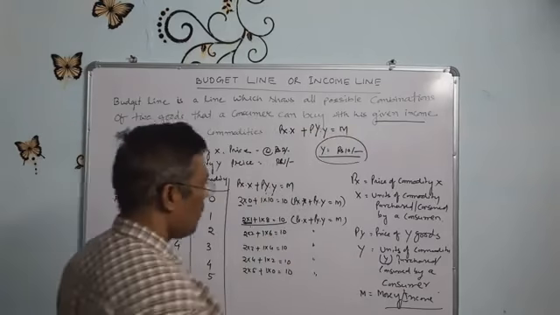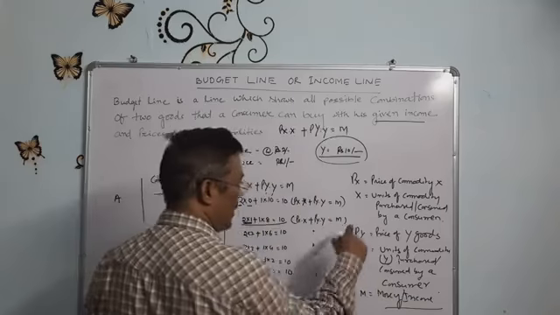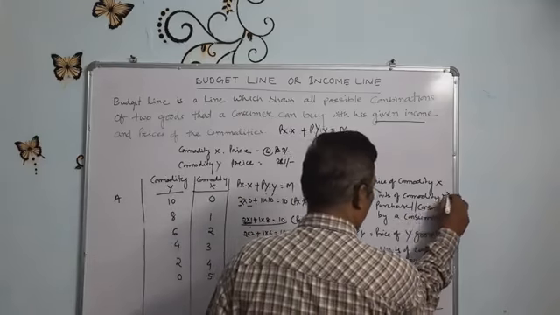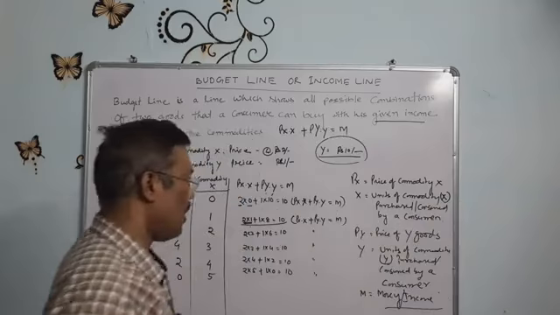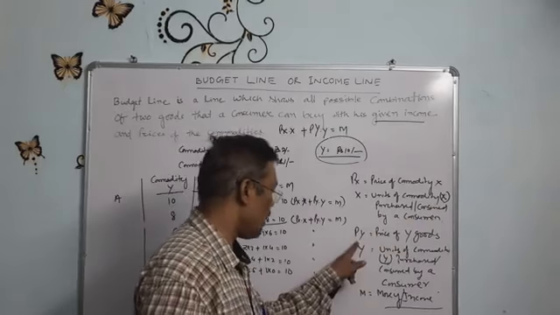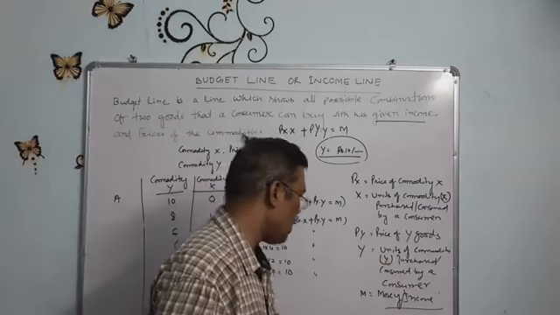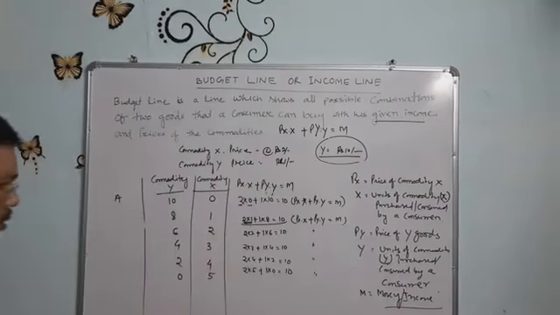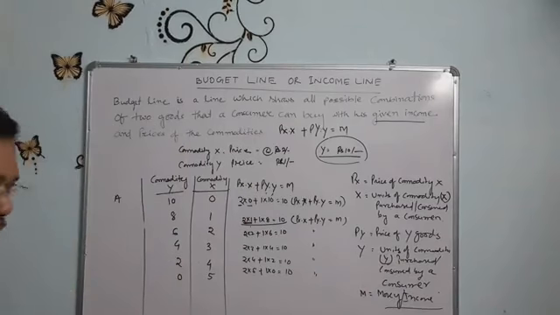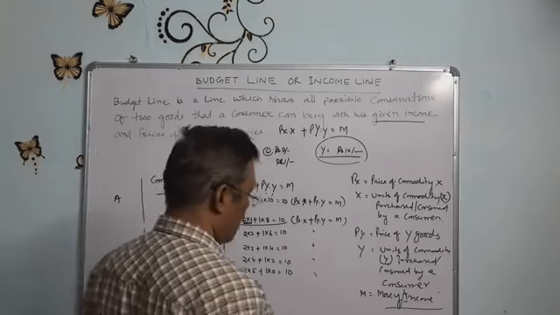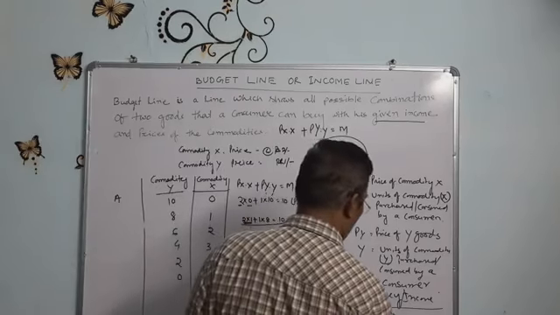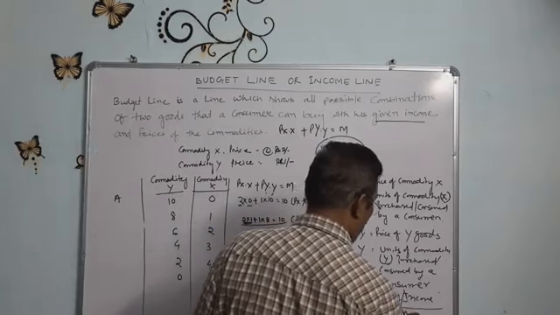So Px is the price of commodity X, X is the unit of commodity X purchased by a consumer, Py is the price of Y goods, Y is the unit of commodity Y purchased or consumed by a consumer, and M is the total money or income. How much total money do we have?